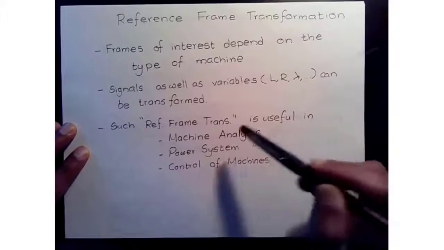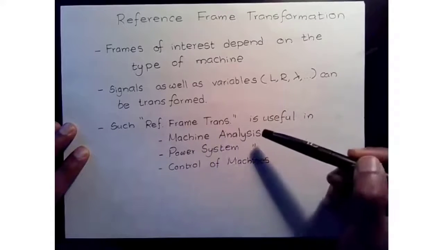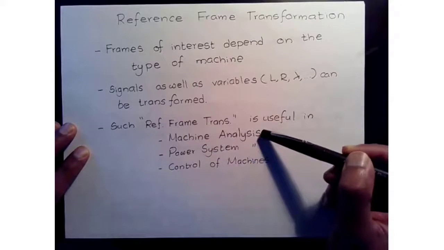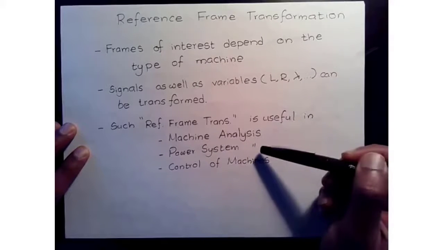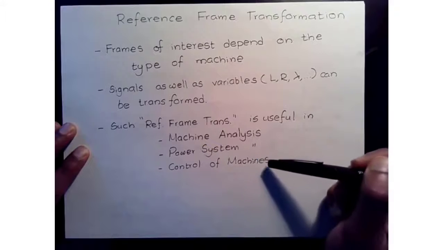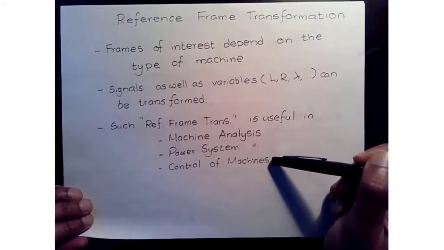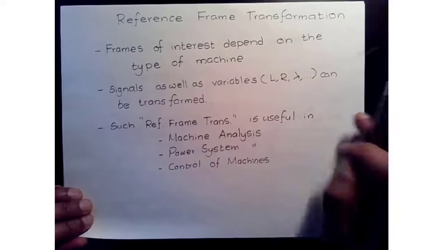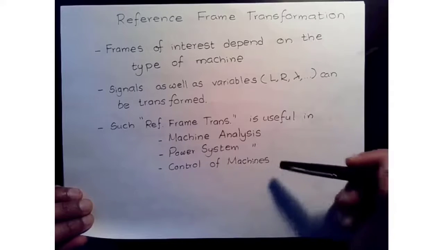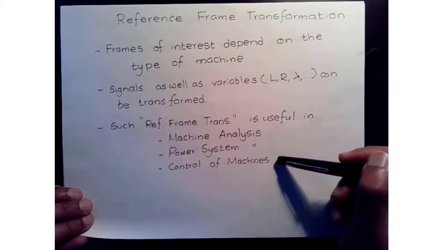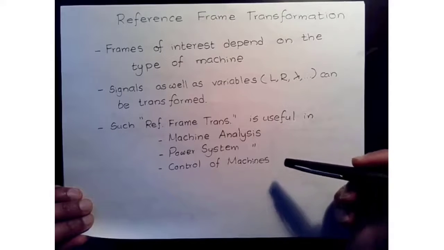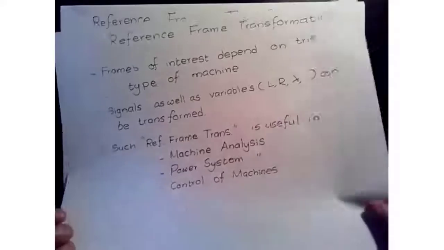And even more, the reference frame transformation is not only for machine analysis, it's used for power systems, and then again also for control of AC machines. Okay, so when you design controllers, we're going to use this approach again to simplify our control systems.